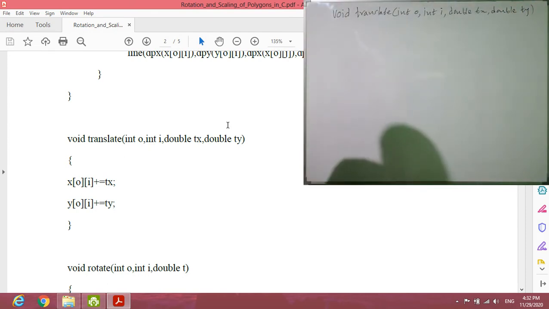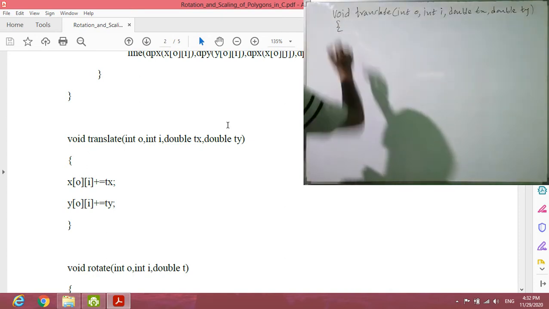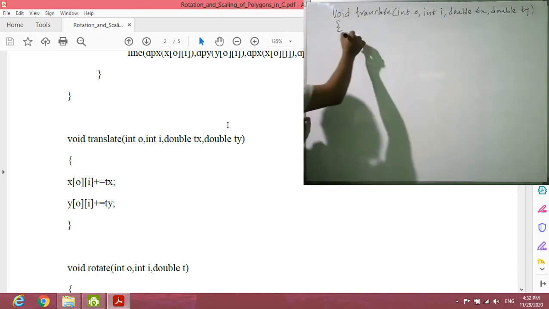Space is not enough here, so anyway, I will write the body as well.